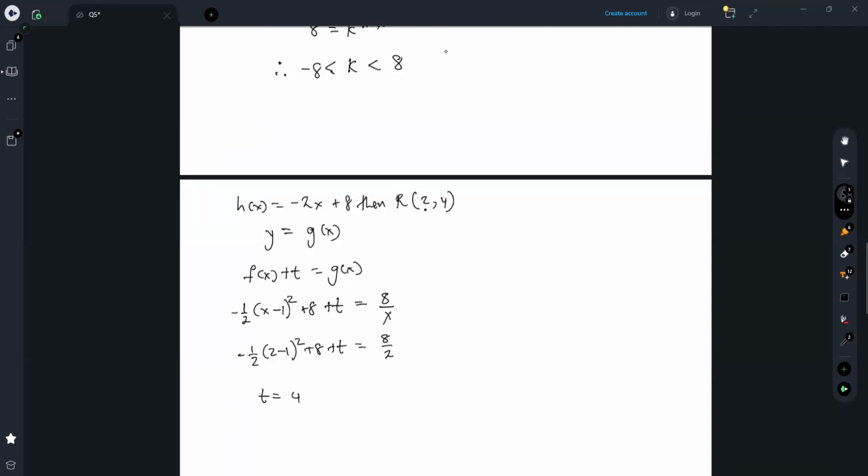Take negative half to that side, becomes positive half. Then 8 goes to the other side as well, so it's negative 8. And you see that you're going to end up with 4.5 minus 8, which is negative 3.5. Negative 3.5 can be written as negative 7 over 2. So therefore, the value of t is negative 7 over 2.